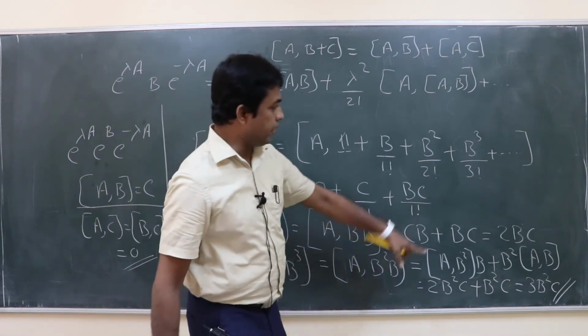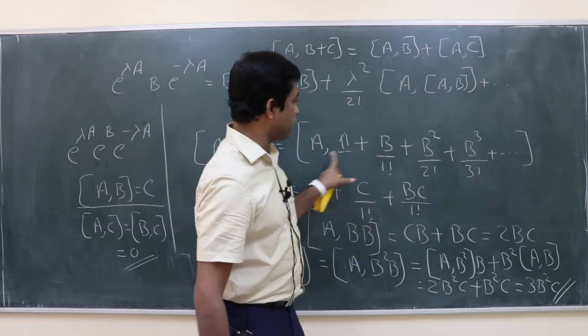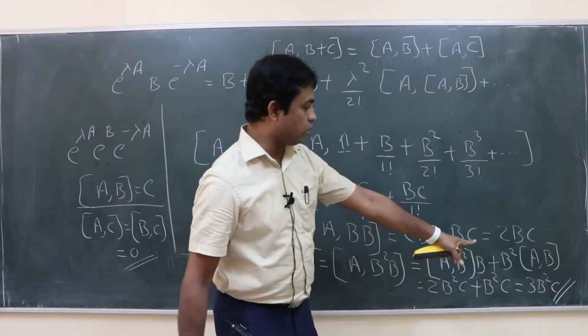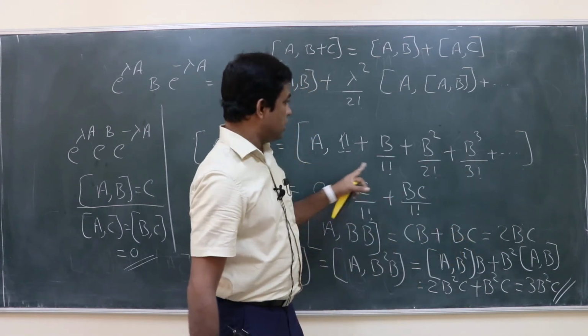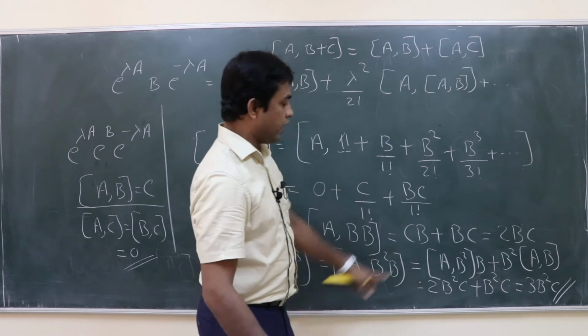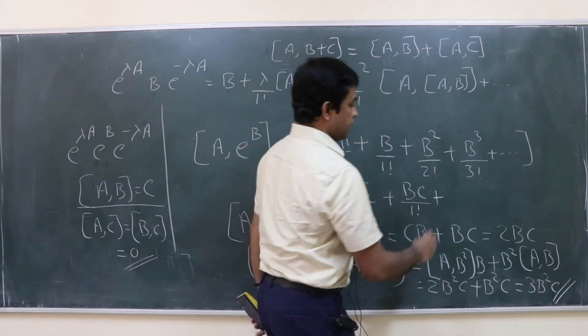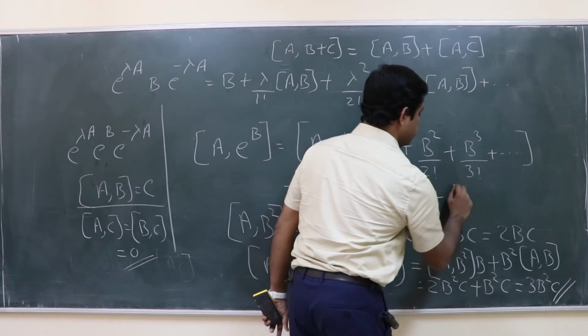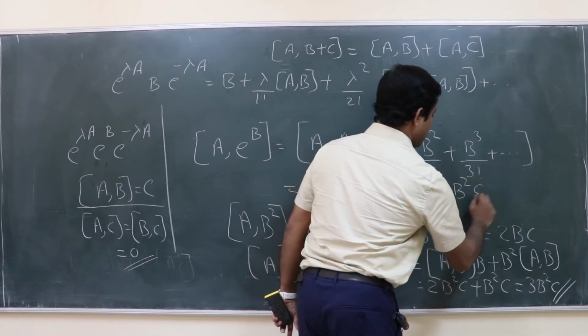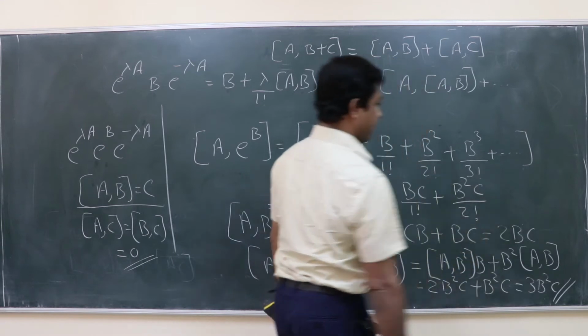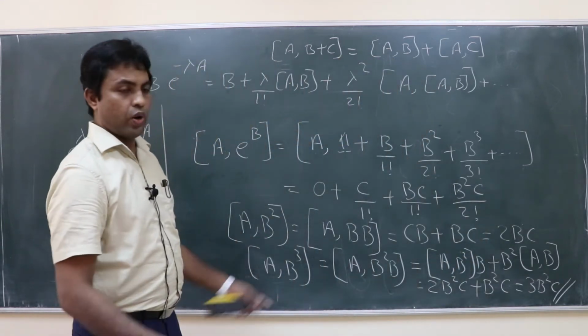So now you can put that one here, the commutator of a with b cube is 3b square c. So 3 by 3 factorial will give you 1 over 2 factorial in the denominator. Then you get b square c by 2 factorial. So now I think it is clear.